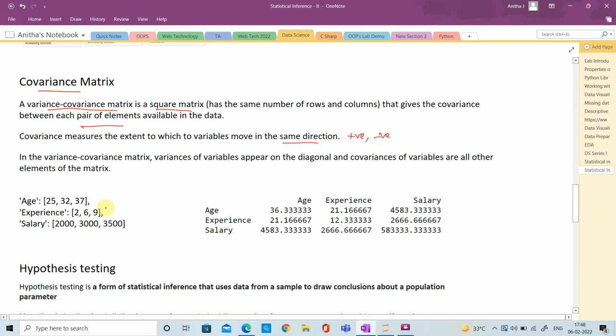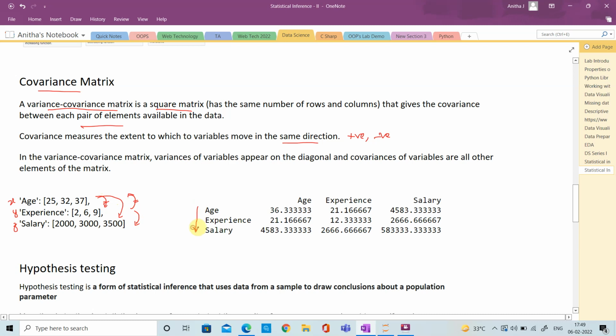In the covariance matrix, this is my input. I have three variables: age, experience and salary. I need to find the correlation between every pair: age to experience, then age to salary, then experience to age, which I have already calculated and is the same, and then experience to salary.